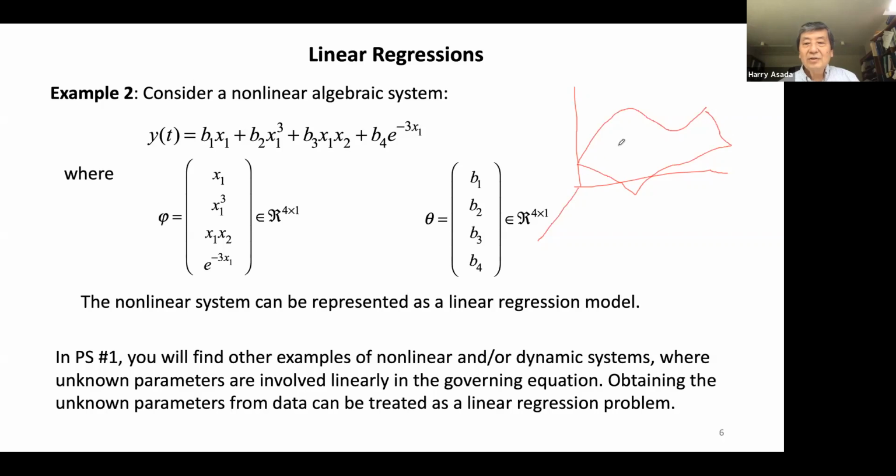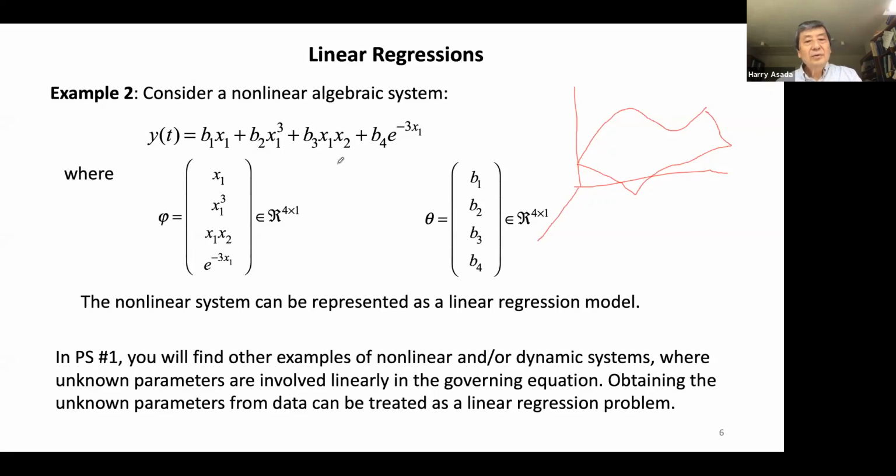So it is actually a nonlinear relationship, but if you look at the parameters to identify versus the rest of the expression, the relationship is linear. In other words, parameters B1 to B4 are linearly involved in this expression.